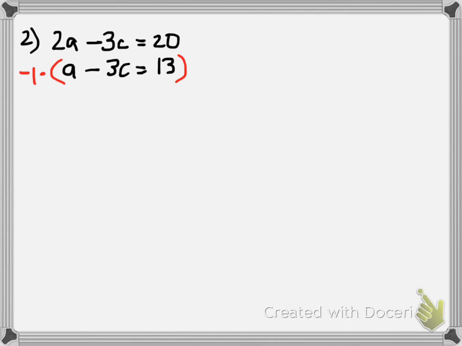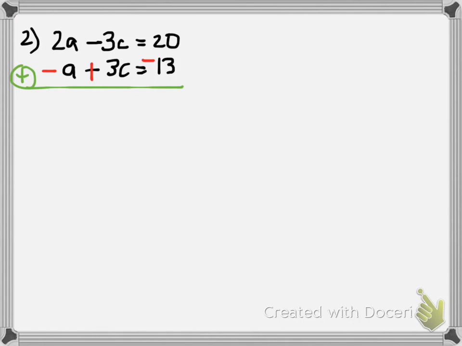So what that allows me to get is a sign change for every term. Positive becomes negative, negative becomes positive, positive becomes negative. And then I'm ready at this point to add, because remember, subtracting is the same as adding the opposite.